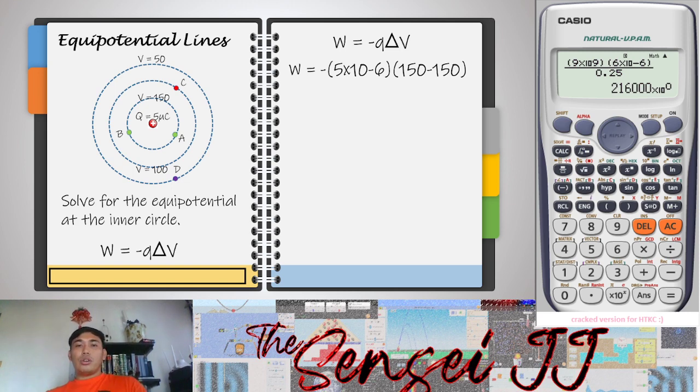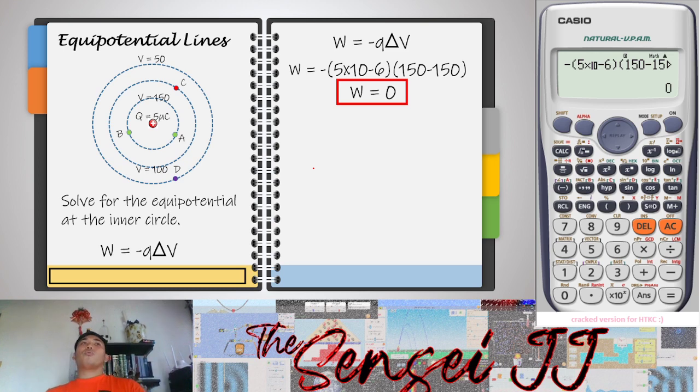Okay, so let's try to solve for this. We have here our negative 5 microcoulombs. 5 times 10 raised to negative 6 multiplied to 150 minus 150. And the result will be 0.